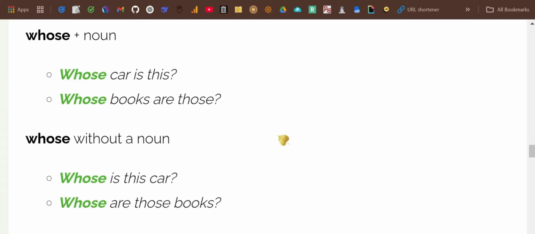Maybe who does this car belong to sounds okay. It's very difficult. Who does this belong to? Yes. Because you're expressing the possession with the other verb, like belong to something, so you don't need whose.